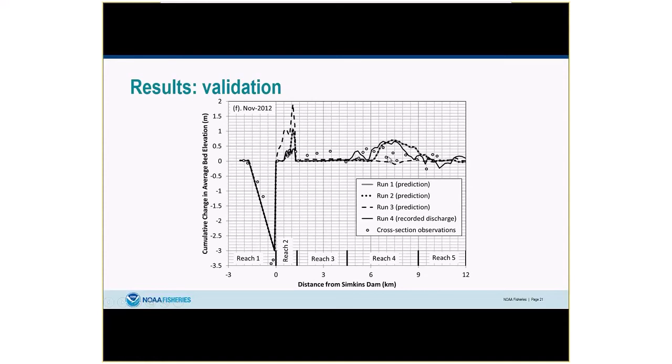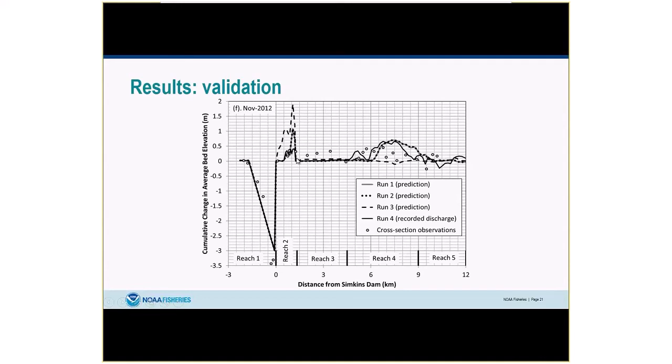Note that Run 4, actual discharge, is well in line with observations in the Bloaty impoundment at this time. So I'm pointing to the observations, the dots, and Run 4 is pretty well in line with that by November 2012. And I believe that's because Run 4, actual discharge, is wetter than Runs 1, 2, and 3 by November 2012.